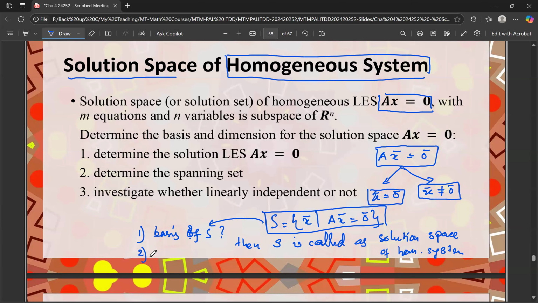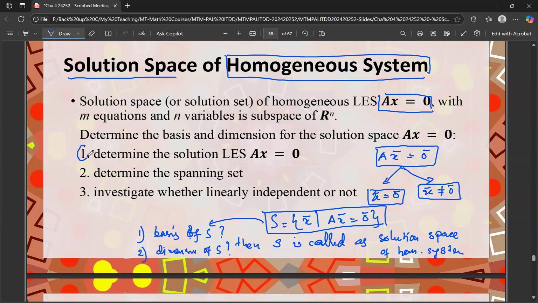The second question, dimension of S. Jadi dimensinya berapa? So this is what we will do in this concept. We want to know the basis of this space, and also we want to know the dimension of this space. And how to do that, what steps to do that.